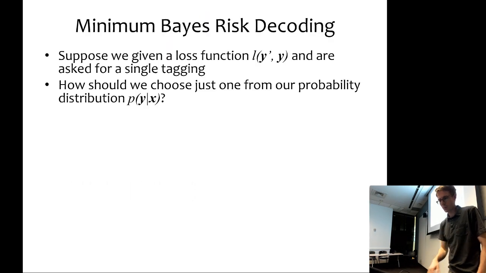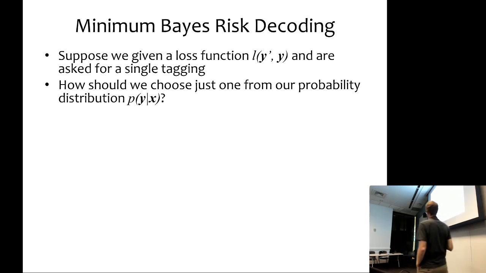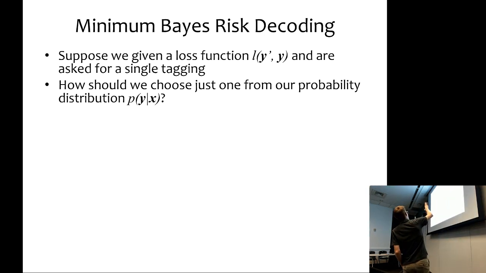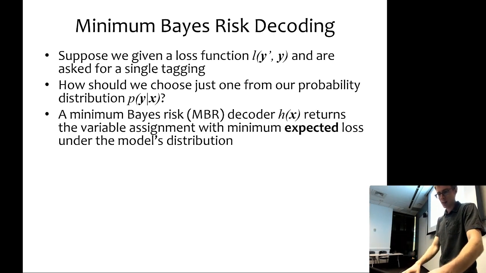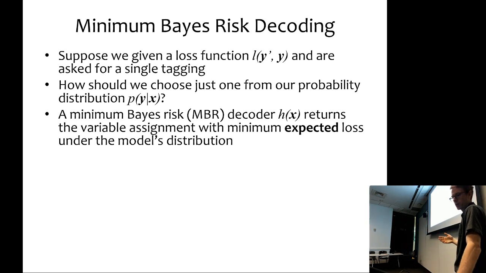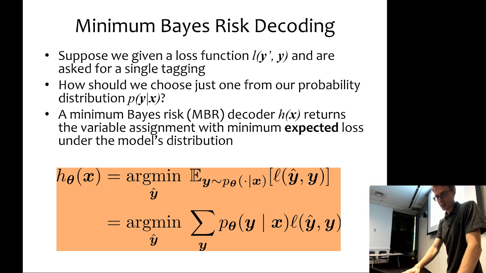Okay. So I'll skip that summary and say one more detail here, which is that minimum Bayes risk decoding is the key for how we actually get back our predictions from the model. The minimum Bayes risk decoder is going to return the variable assignment with the minimum expected loss.